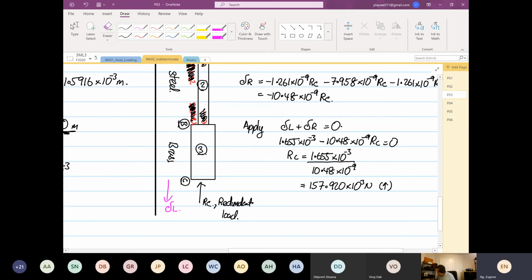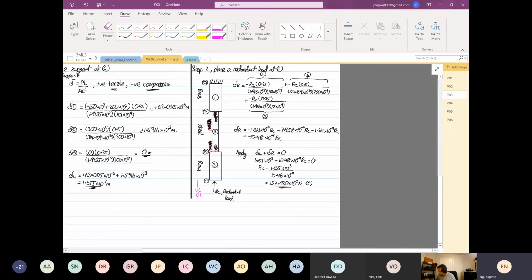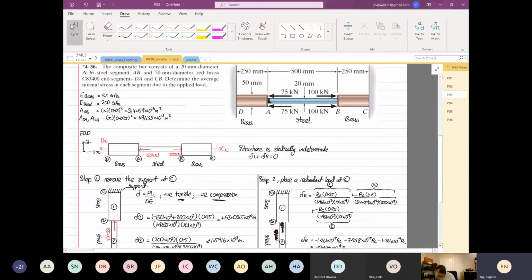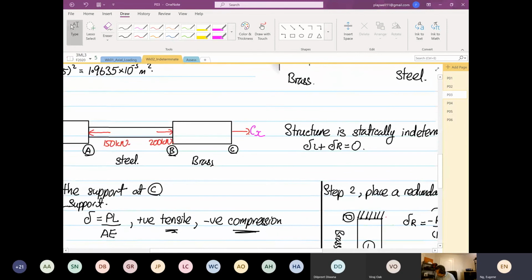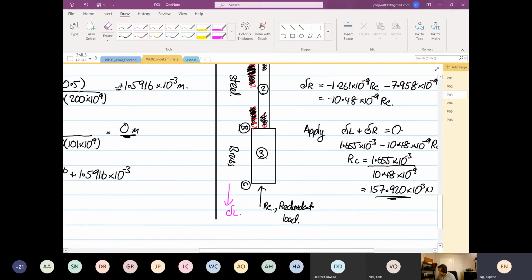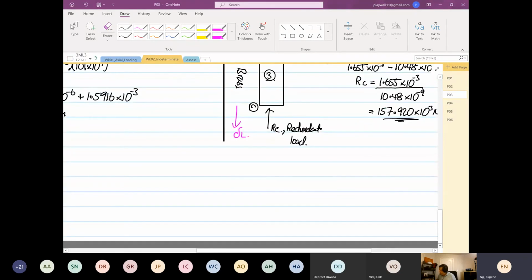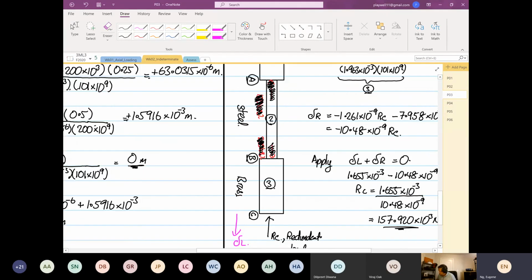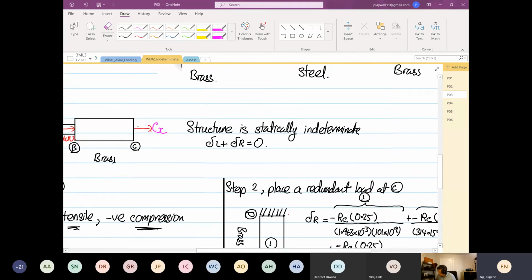So you have calculated your RC already. You calculated the reaction force at point C. Over here, where we constructed our free body diagram, what we have done is we assumed it in the wrong direction, because RC, the redundant load, will be in compression. So now you don't wipe it out, just cancel it and say this is the actual.